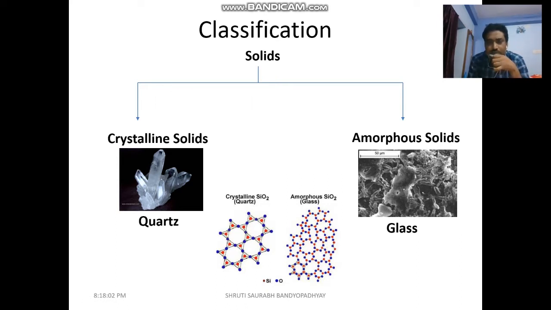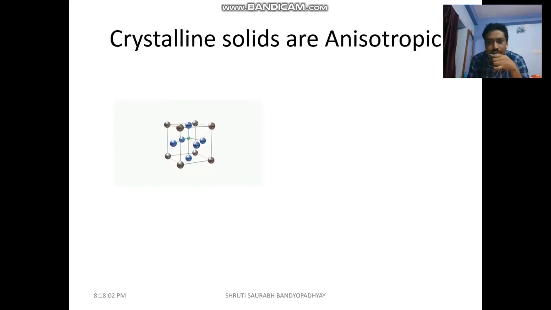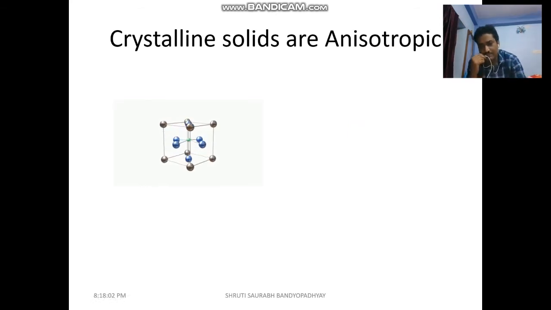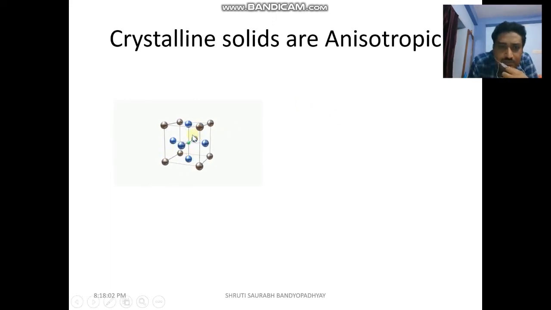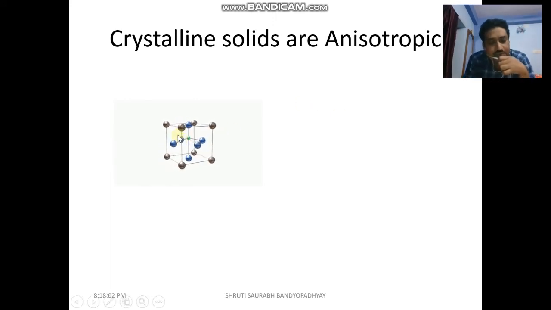One more difference between crystalline and amorphous solid is that crystalline solids show anisotropicity. Crystalline solids are anisotropic. What does that mean? Anisotropicity means that crystalline solids have some regular arrangement of particles inside crystal. You see here the regular arrangement of particles. They will look different from different directions.